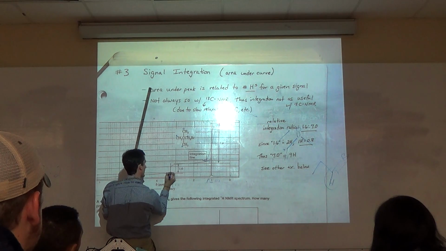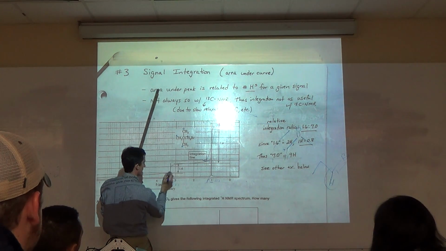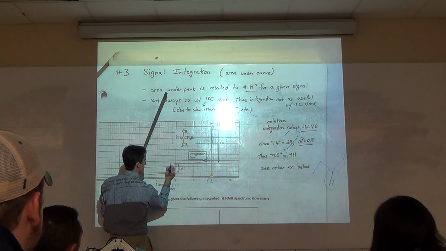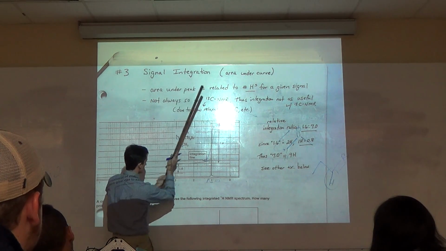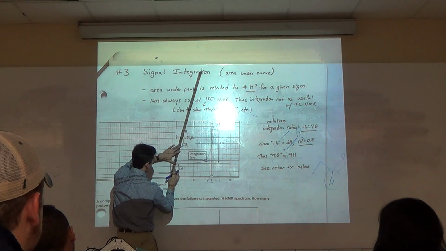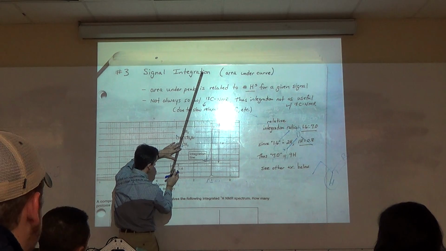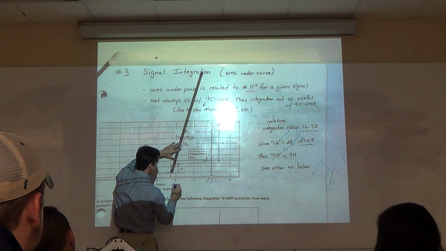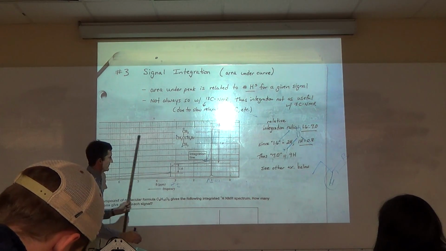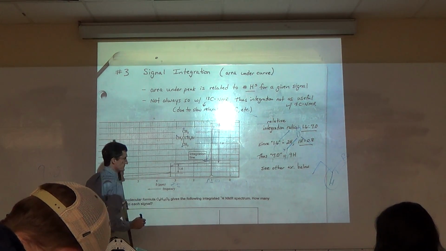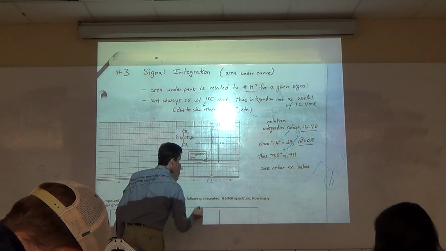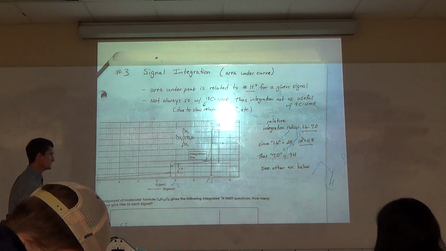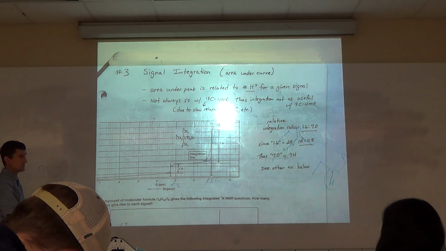I don't think I measured it. I think it's more like boom, boom. Integration is a little bit tricky. It's not going to be actually precise. The only reason I know it needs to be adjusted is because I already know the answer. I'm going to adjust this to like 2.5. Okay? 2.5 to 15. That's your relative ratio.